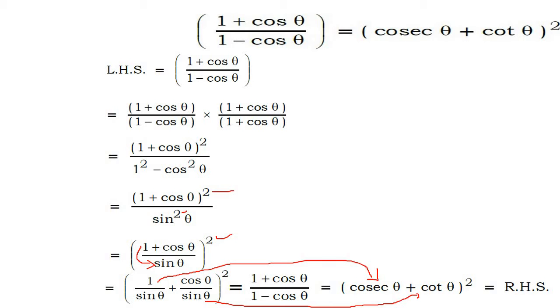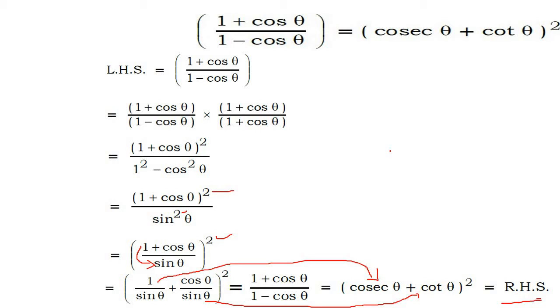Therefore, we can write (cosecant theta plus cot theta) whole square. So this is the RHS what we have to get. So we can write (1 plus cos theta) divided by (1 minus cos theta) is equal to (cosecant theta plus cot theta) whole square.